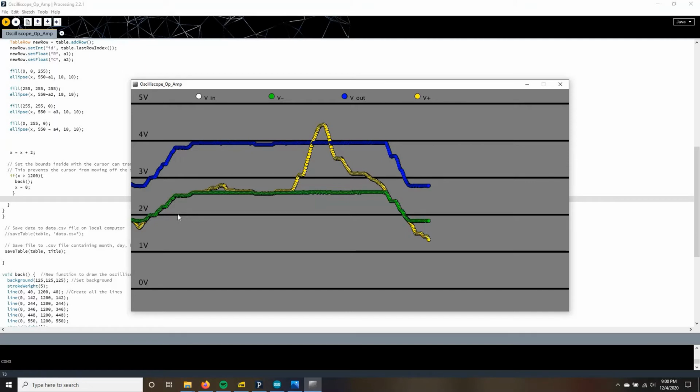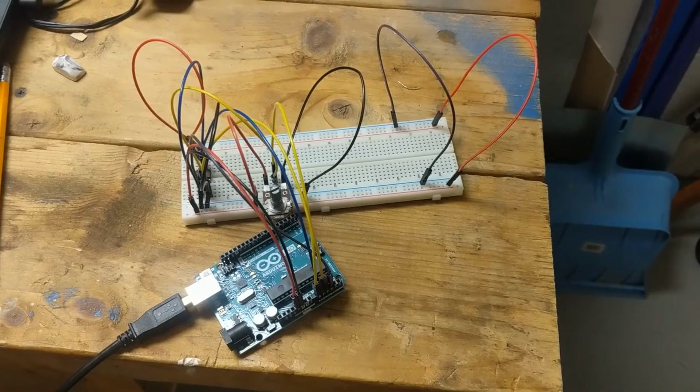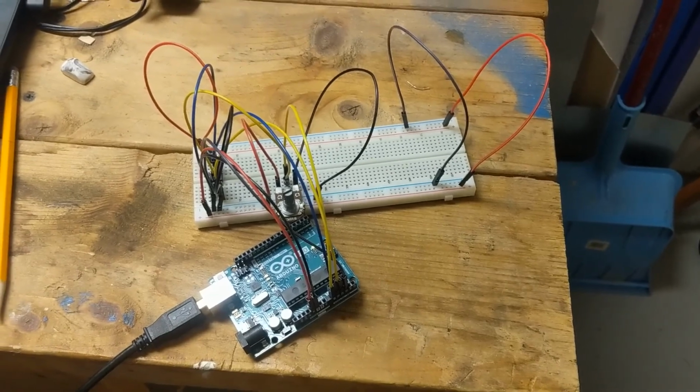I'm not entirely certain why, but it's probably just a characteristic of the certain op-amp that we're using, and it might have to do with the levels of my resistors. If they're not allowing enough current, it might be keeping it from working properly. I'm not entirely sure.